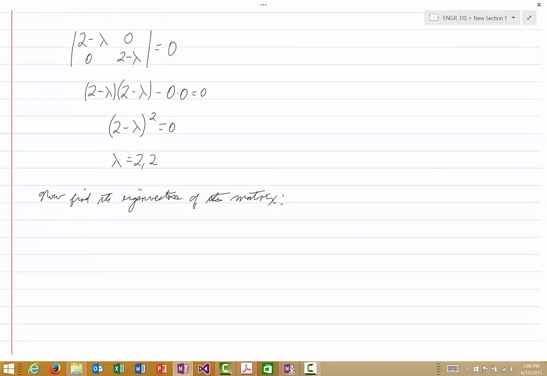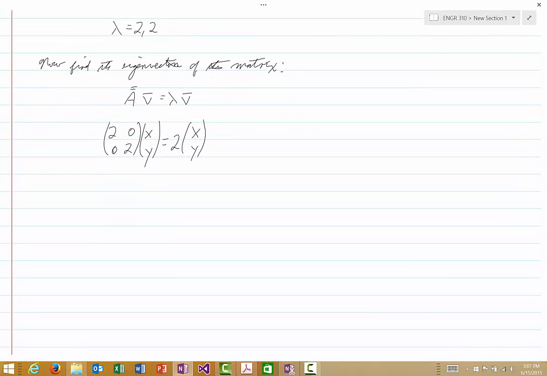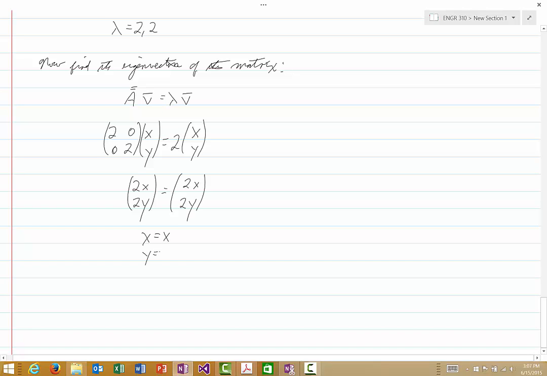Remember, once you have the eigenvalue, to find the eigenvector you go back to the defining equation, AV equals lambda V. So we have 2, 0, 0, 2 times x, y is equal to 2 times x, y. When we multiply out both sides, we get 2x, 2y equals 2x, 2y. And so x is equal to x, and y is equal to y.